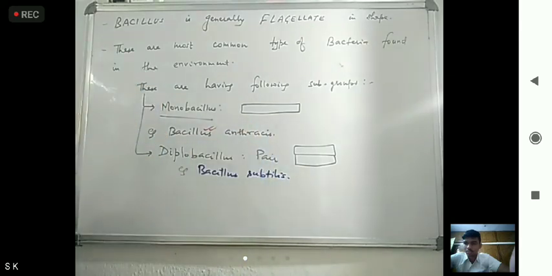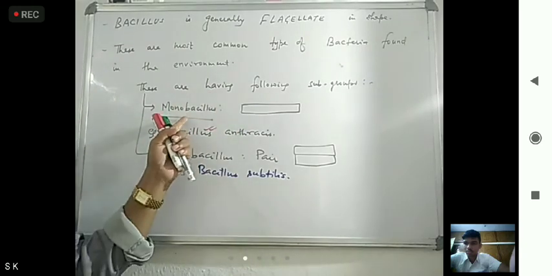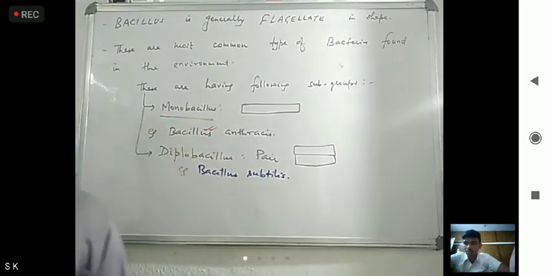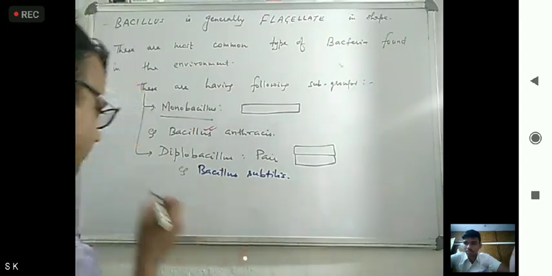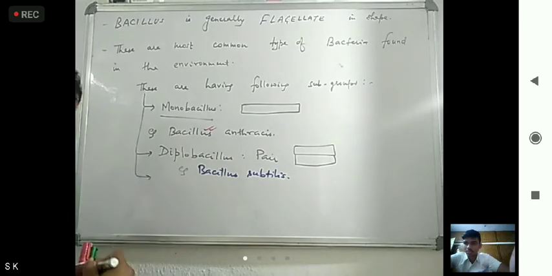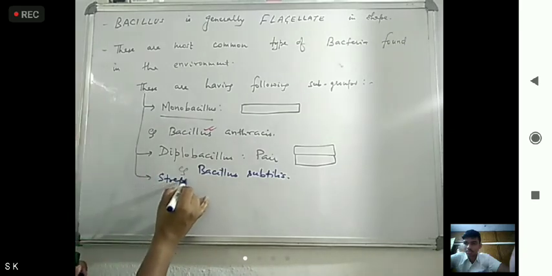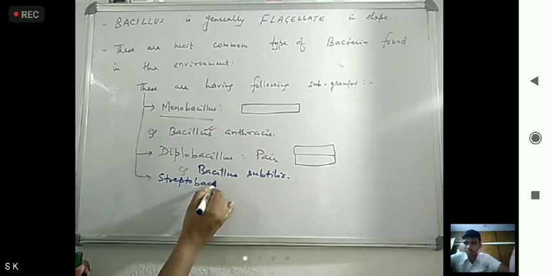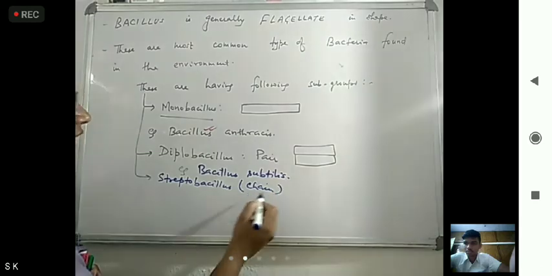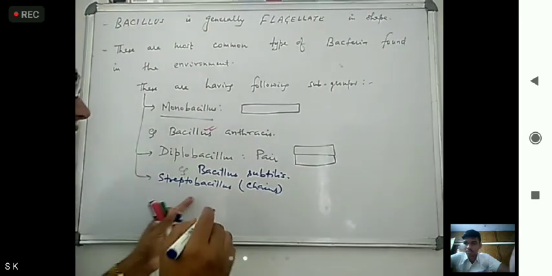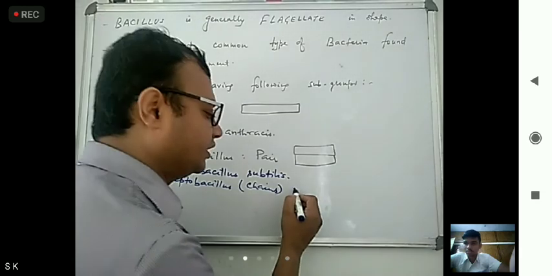So it is diplobacillus. They have the following subgroups: one we saw, monobacillus, then diplobacillus. Next is streptobacillus. It is in the form of chains. Streptobacillus.